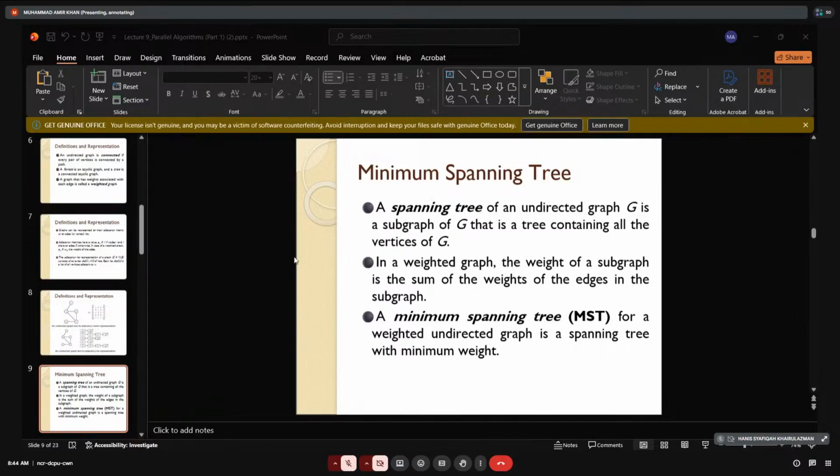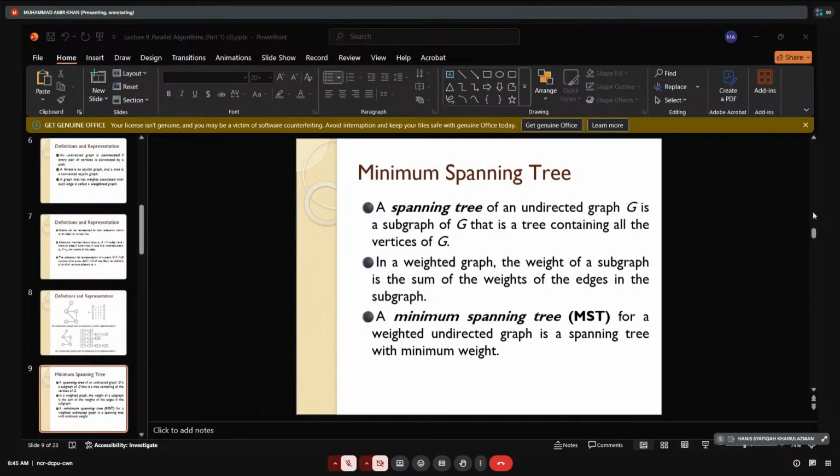You want to make sure every house is connected to the internet, but you want to use the least amount of cable. So what does it mean? Why you want this? Because you want to save money. We want to save cost. This is what we call minimum spanning tree.